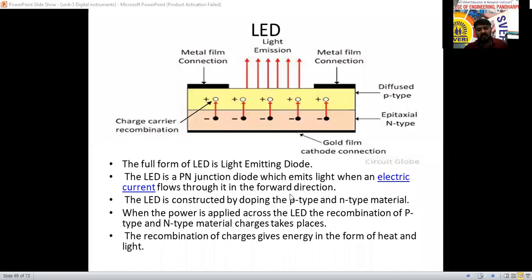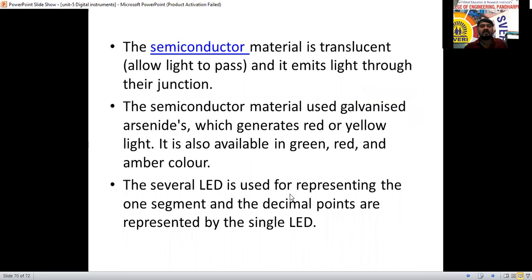Different semiconducting materials are used, such as arsenides, gallium and some other materials. Can you tell any names of semiconducting materials? Silicon. Silicon diodes, SCR, that is silicon. Next, germanium.